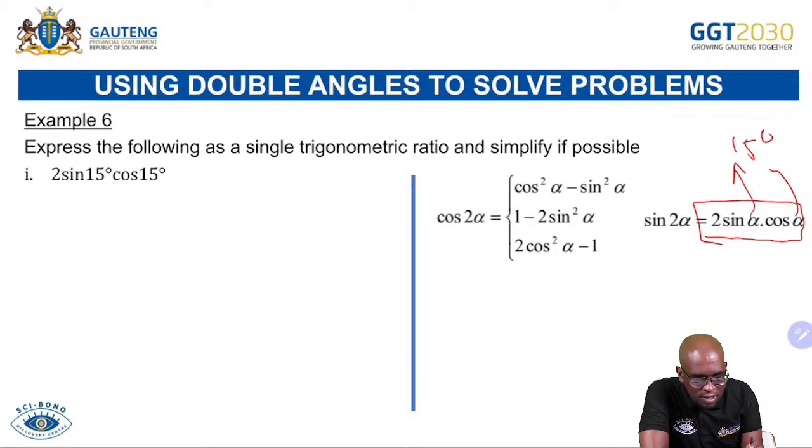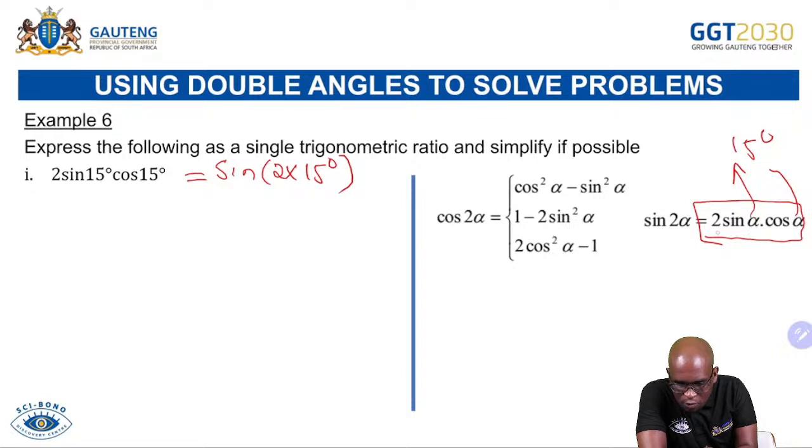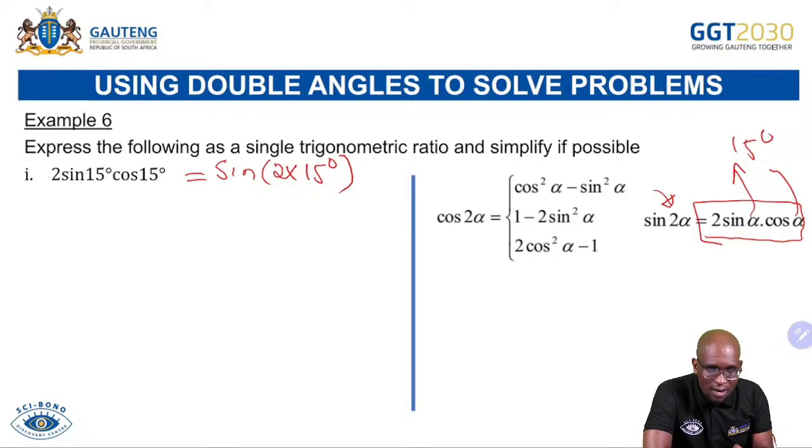So this can be written as sine of what? 2 times the angle 15, because if we have 2 sine alpha cos alpha, we express it as sine of 2 times the angle alpha.